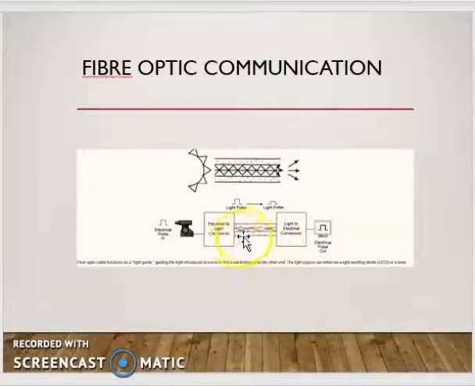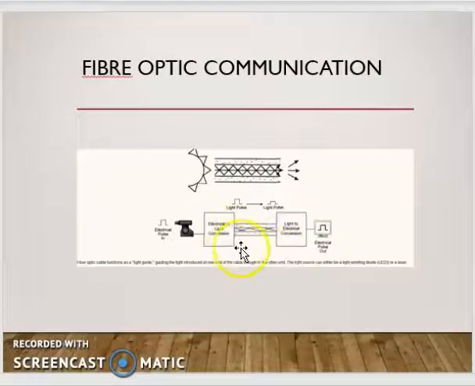Electrical transmitter drives an optical source to give a modulation of the light wave carrier. Optical source provides an electrical to optical conversion. It may be a semiconductor laser or an LED.